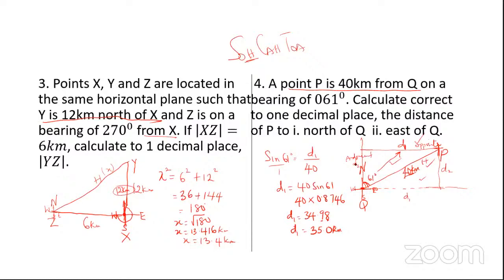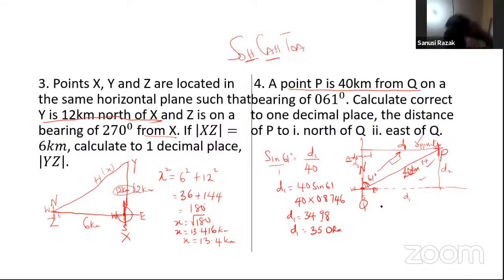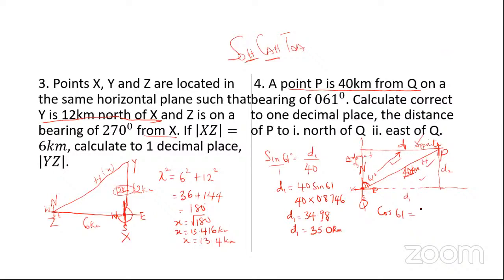Then for the other one, the second one, D2. So that's adjacent and hypotenuse. That is CAH. So what we use there is cos 61 equals what? Adjacent, which is D2 that we are looking for, over hypotenuse, which is 40. So our D2 will be equal to 40 cos 61.